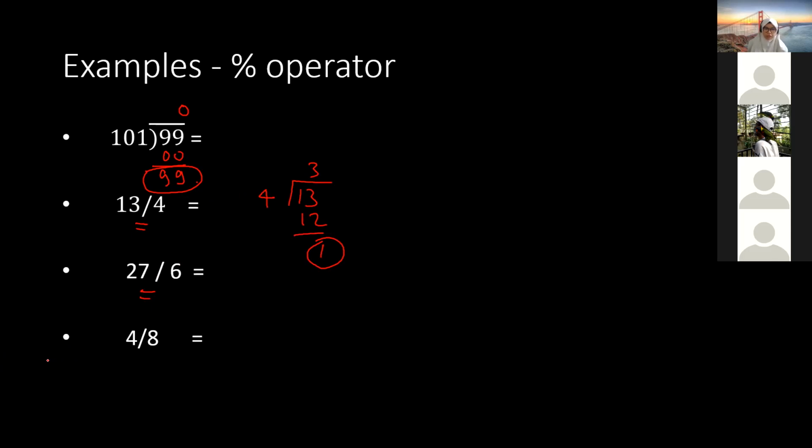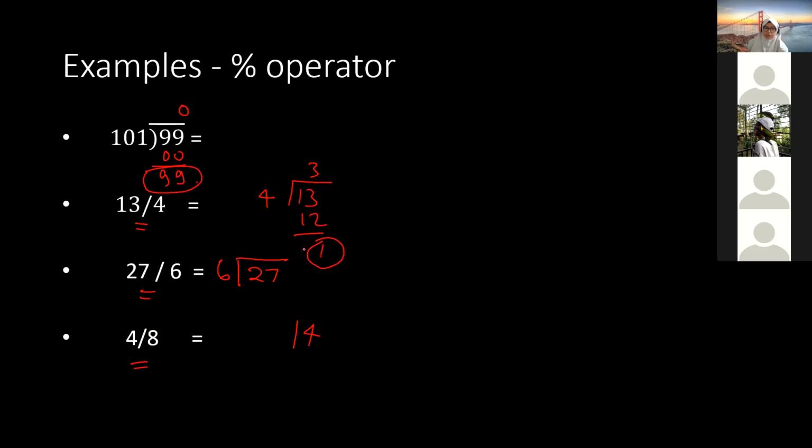Okay, what is it? Would it be 4? Yes. So let's try again. 4. Let's look at this one. We check 27 divided by 6.